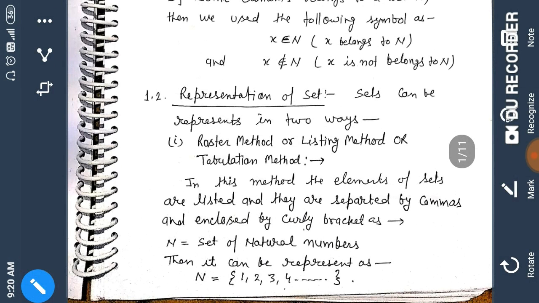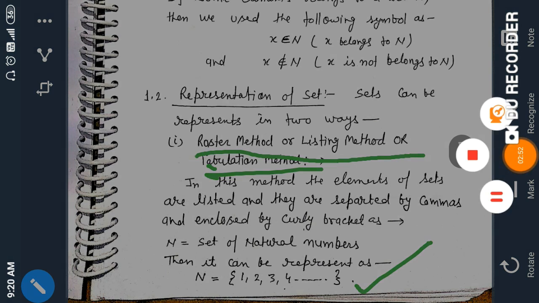In this way we can represent the set. This method is known as roster form, tabulation form or listing method, because we separate the elements by commas and list each and every element of the set.